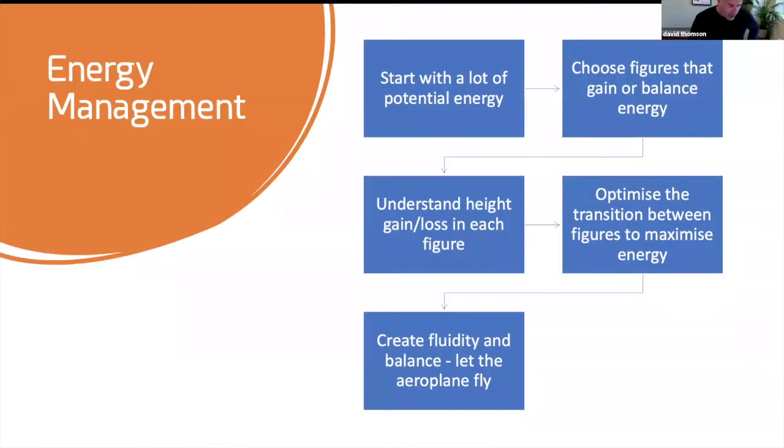So the next thing, which I think you can design into the sequence, is energy management, which of course is absolutely critical for flying any sequence. And I think it's really important to understand your aircraft and what it's capable of, for starters. So how much height can you gain in a half loop up, or how little height can you lose in a half loop down?